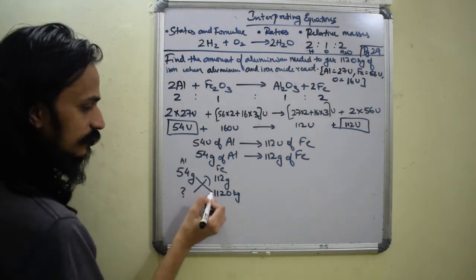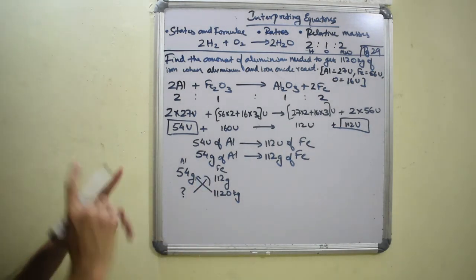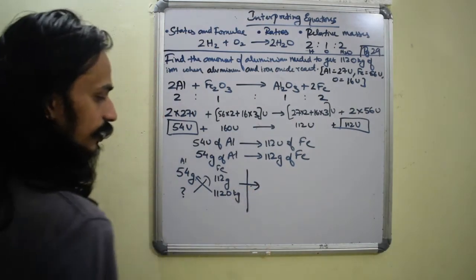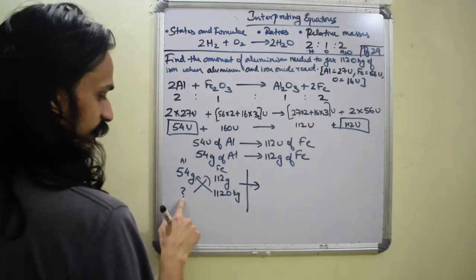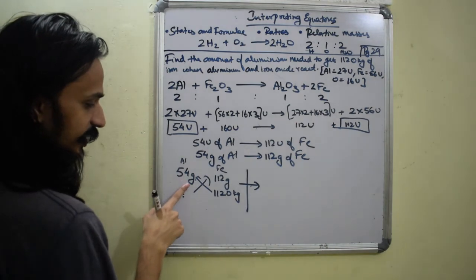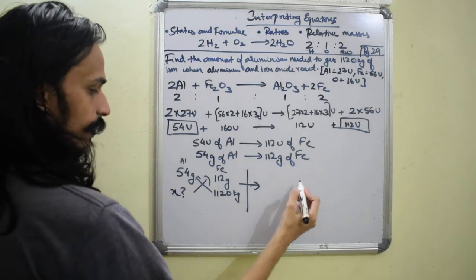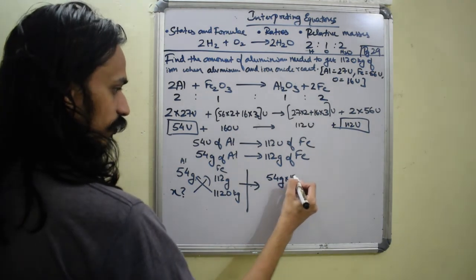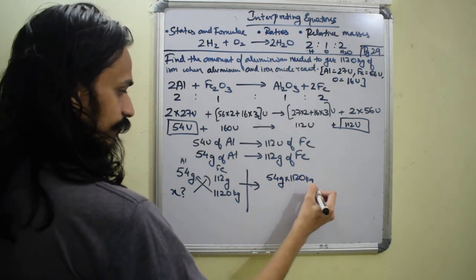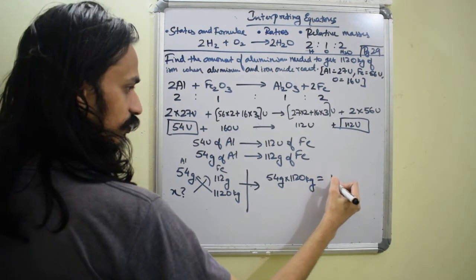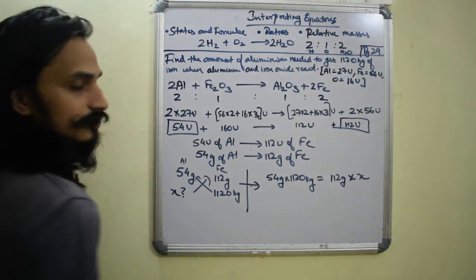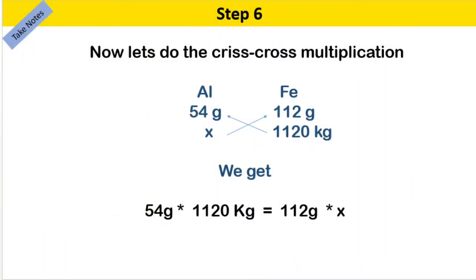Right, so if you remember this method, how we crisscross, I can bring it like this. If I call this unknown x, I can write 54 grams into 1120 kg will be equal to 112 grams into x.